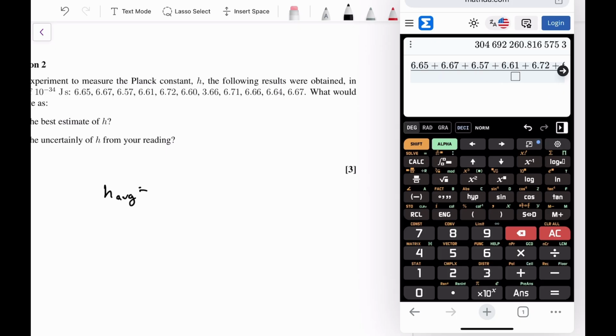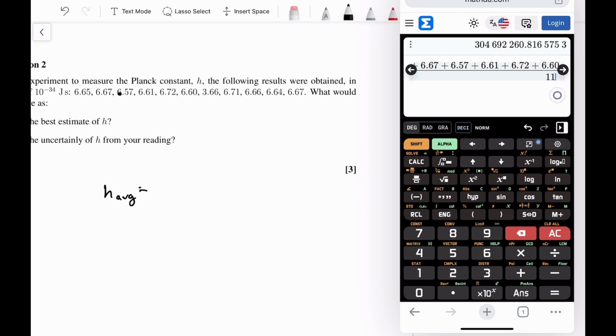It's okay, that's an anomaly, and then 7.1, 6.6, 6.4, and then 6.7, divided by, so how many values is this? This is 1, 2, 3, 4, 5, 6, 7, 8, 9, 10, 11.